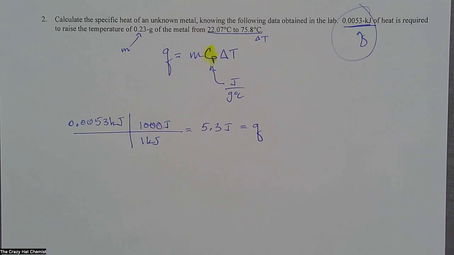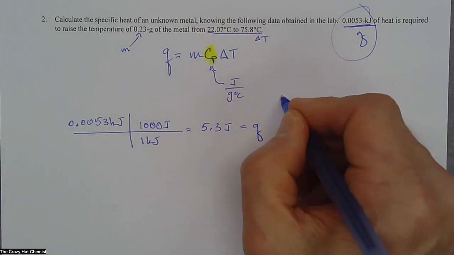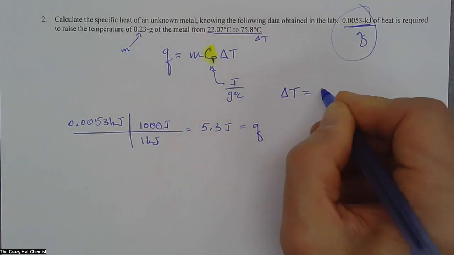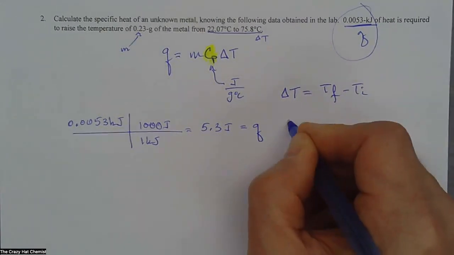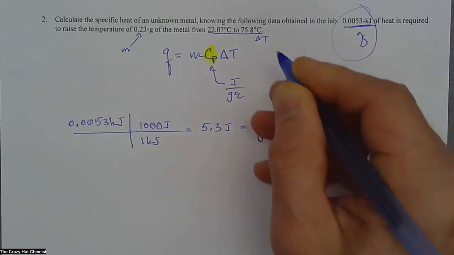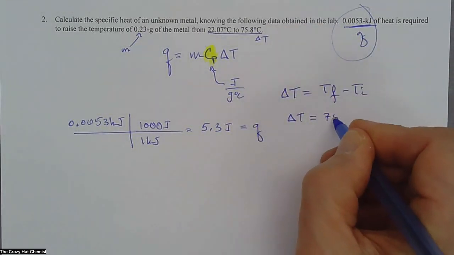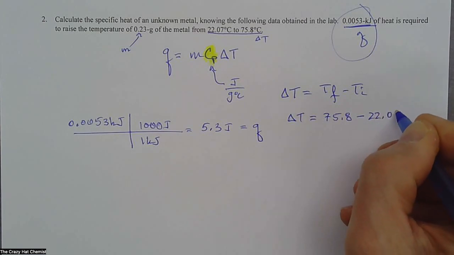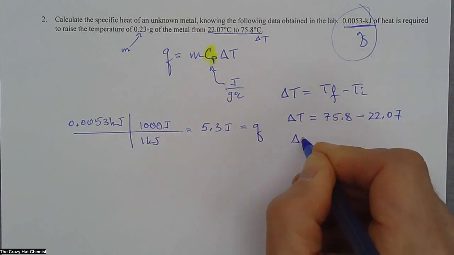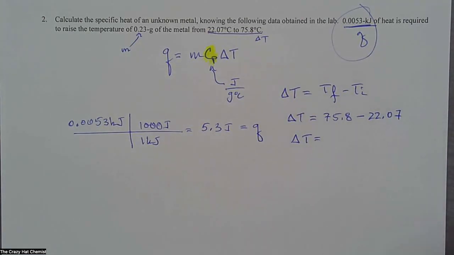Another thing that we're going to do here off to the side is get our delta T. And our delta T is going to be the final minus the initial temperature. So delta T is going to equal the final temperature of 75.8 minus the 22.07. We're going to subtract these two numbers, and we're going to round to the fewest number of decimal places.